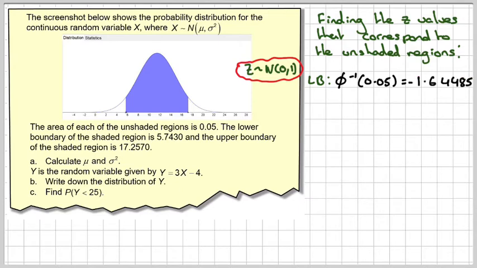Okay, and then we want the upper boundary, where we want 95% of the area up to that particular point.